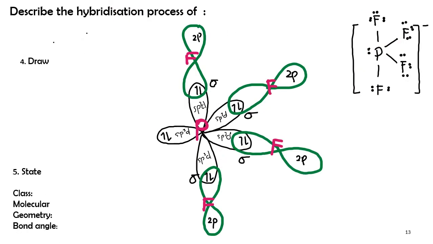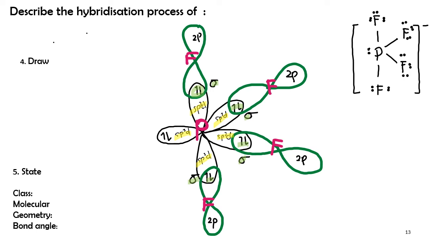And the second last step is draw. When you draw, make sure you label the orbitals. There are 5 hybrid orbitals, which are 1, 2, 3, 4, 5, and all of them are sp3d hybrid. And don't forget, when you label here, make sure you label it as sigma bond.